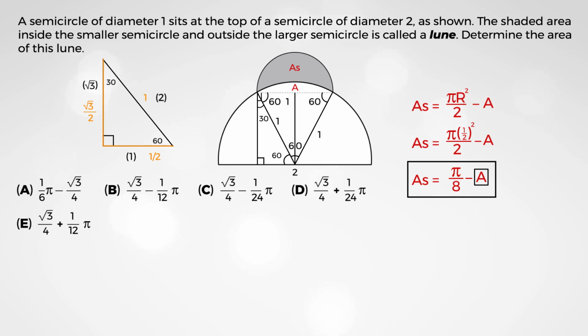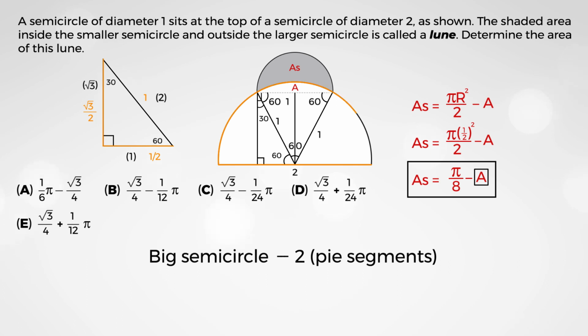Now we go back to looking at this diagram, and let's see how we can relate it with our famous region A. Well, we first need, of course, the area of the big semicircle, and then from that we need to subtract 2 pie segments.